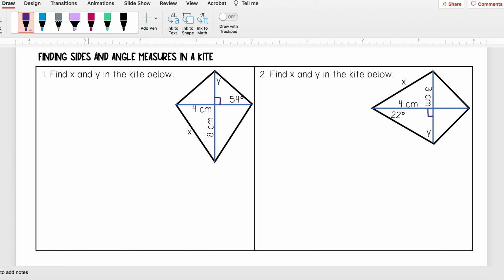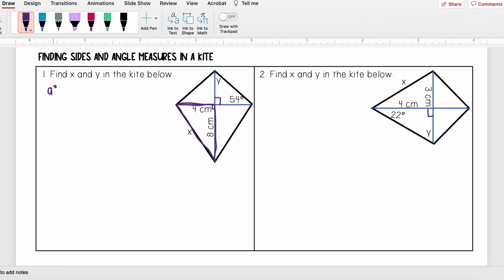So I'm going to start with finding the measure of x. And I'm going to just look at this right triangle right here. I see I have a right triangle. I see I have two of the three sides in my right triangle. And if you remember back in a previous unit, we can actually figure out what that third side is using what we called the Pythagorean theorem.